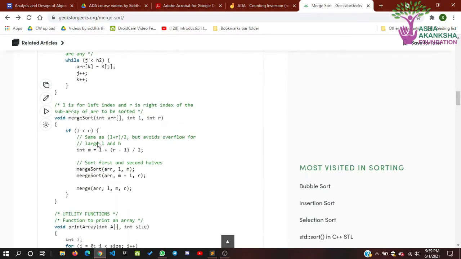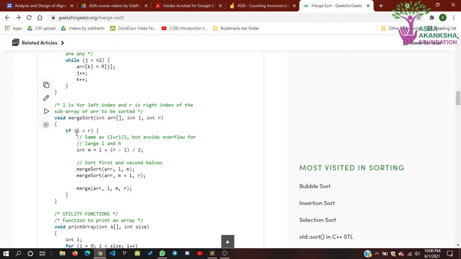So in the main driver function, in this code, we are passing an array. This is the main array that will be considered, and it has the elements stored. This is the lower index of the elements which are to be sorted, and this is the upper limit of the index of the elements which are to be sorted.